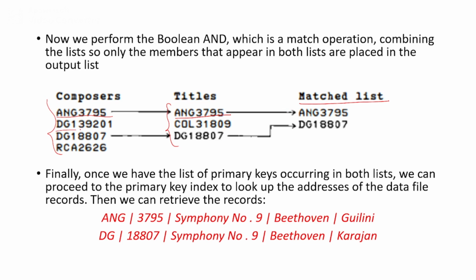Next we have DG 139201, that is not there here, so I am not going to touch it. Next you have DG 18807, that is there over here, so I am going to copy it over to the matched list. Next you have RCA 2626, that is not there in the list, so I am not going to write it. Whichever got matched, I am going to write as the matched list.